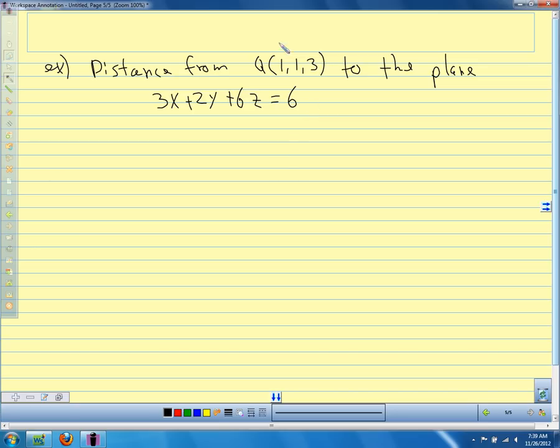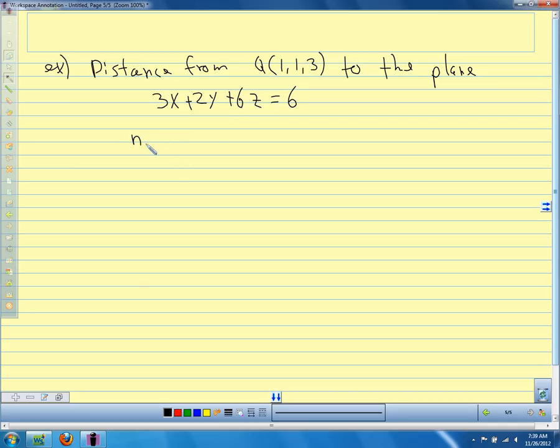So here's our point that we're interested in, our point that's not on the plane. Here is our plane. So what things do we need to proceed with our problem? For our distance, we need a point on the plane, a point not on the plane, and our normal vector.